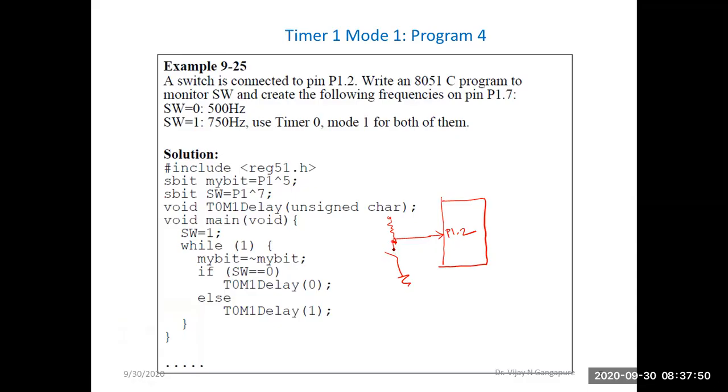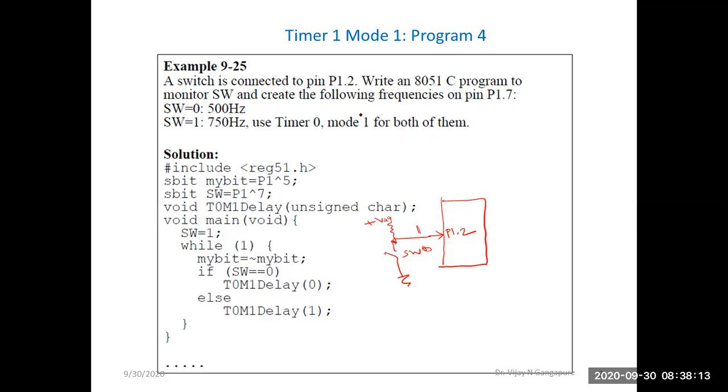So this is a switch, this is plus VCC. When this switch is open, data on this pin will be 1. When this switch is closed, data will be 0.